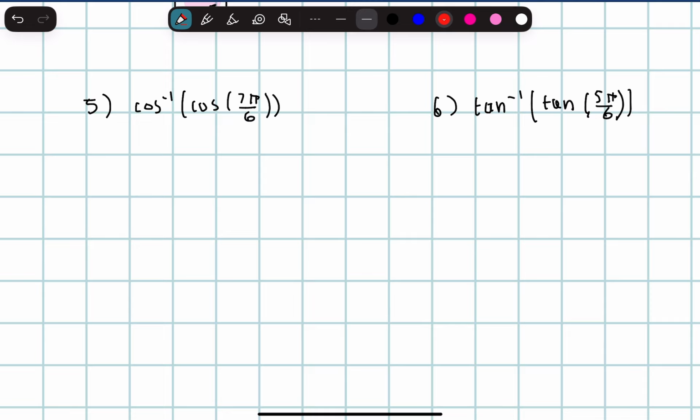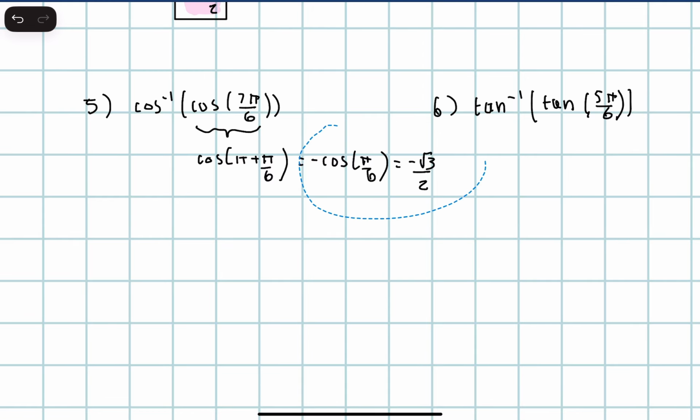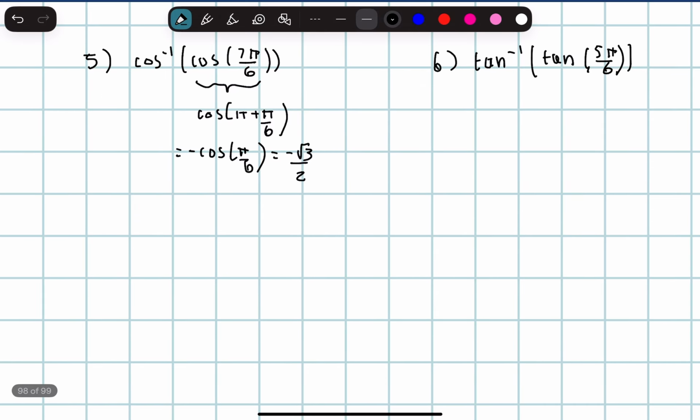Now for 5, let's just do 5. We can rewrite this as cosine of pi plus pi over 6, and then that's going to equal negative cosine pi over 6, which is going to equal negative root 3 over 2. So now you're going to have arccosine of negative root 3 over 2.